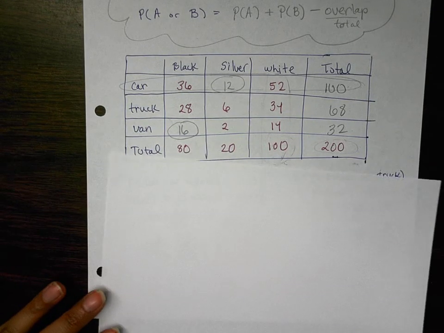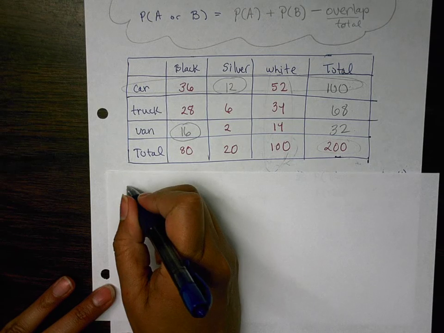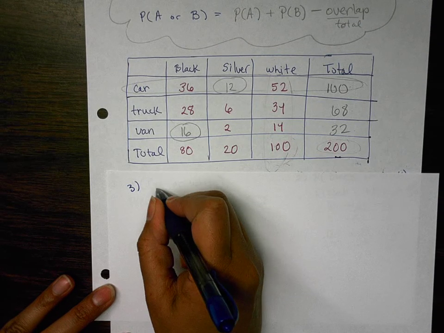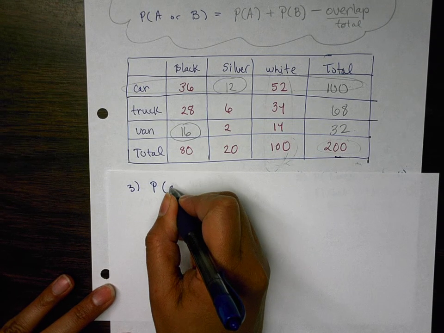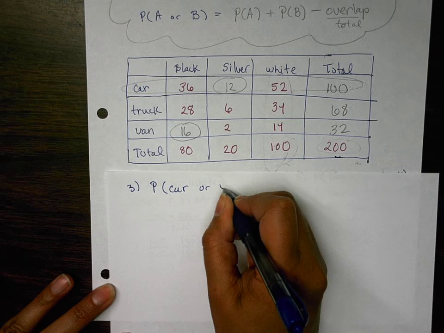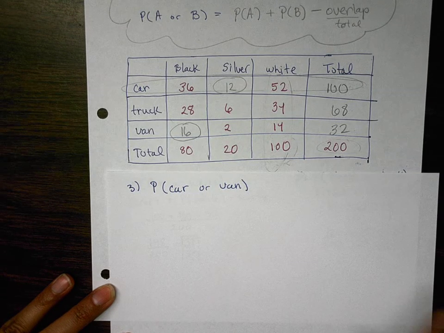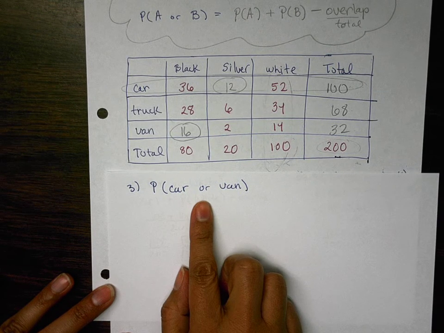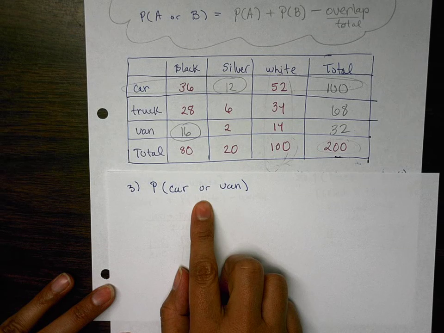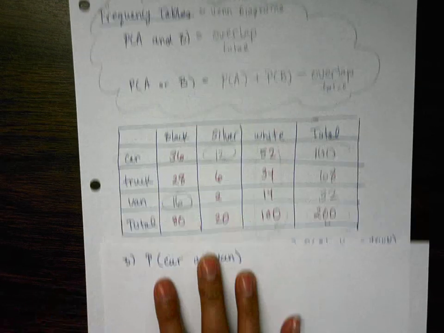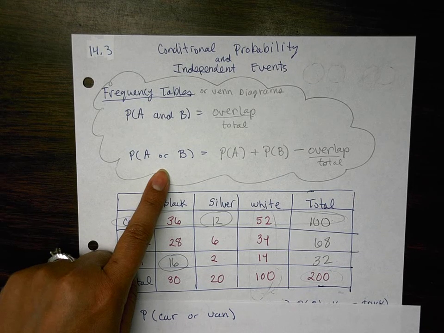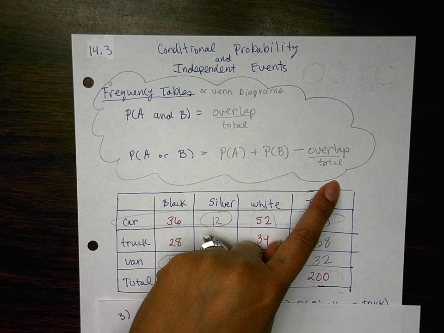So what number are we on? 3. Probability it is a car or van. Am I still using the word "or"? Yes. Look back at your formulas. Or, is it the overlap, or where I add and then subtract the overlap?